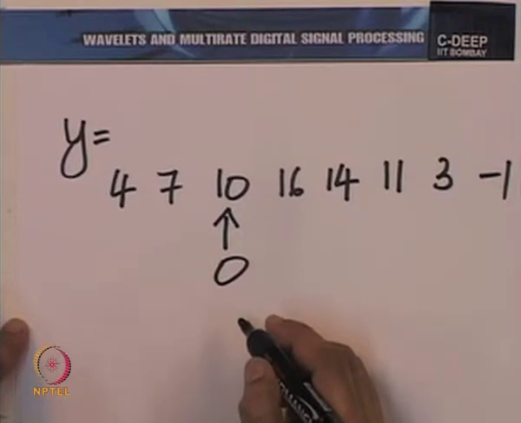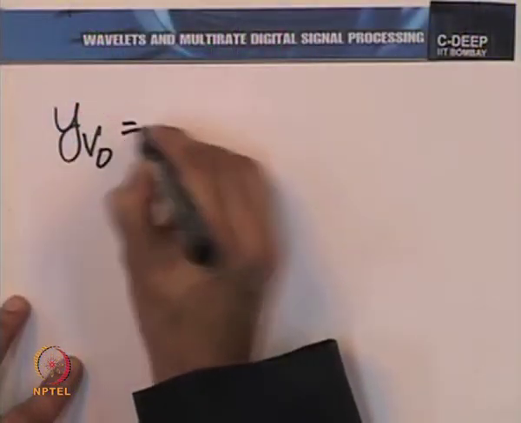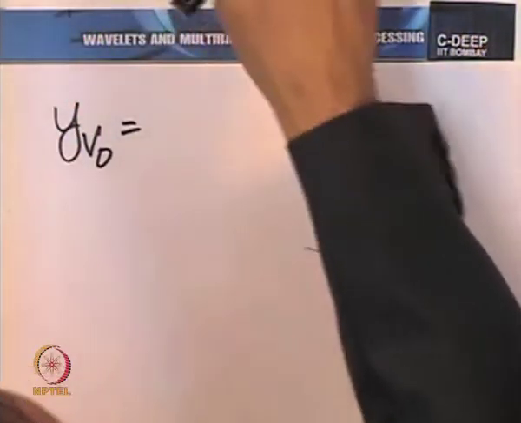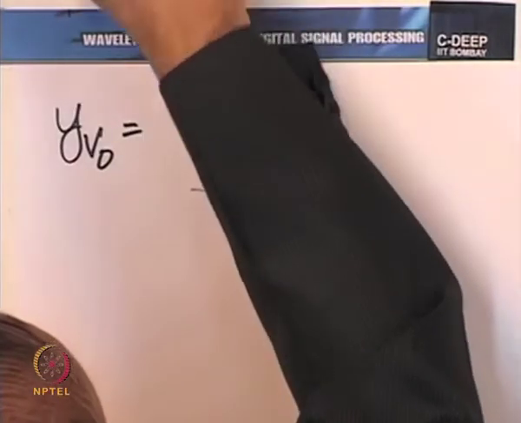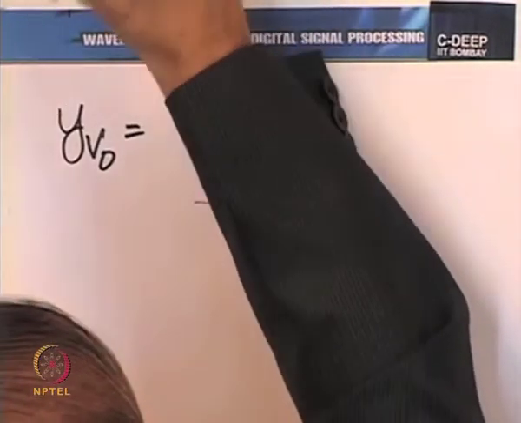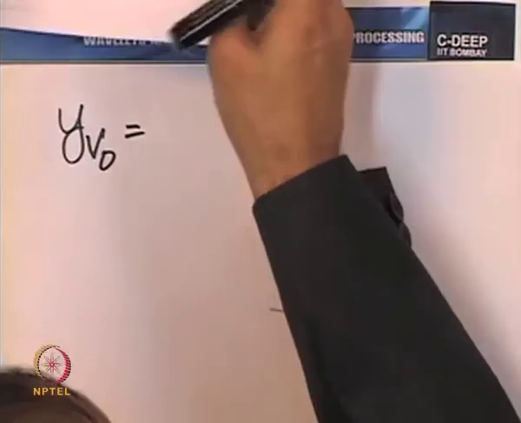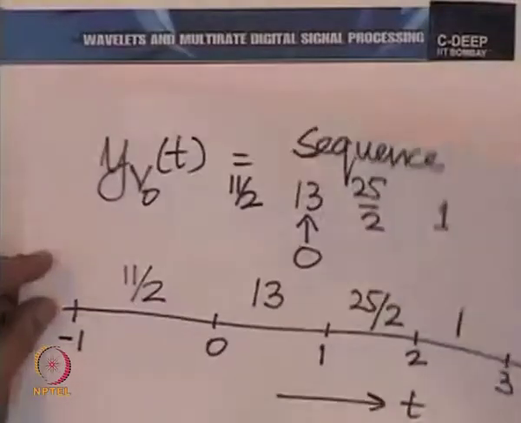Let us on the same reference write the sequence for yv0 and yw0, and then let us put them together. When I write the sequence for yv0, I will need to do a little bit of work. yv0 is going to look like this. So, in fact, I have the sequence here.